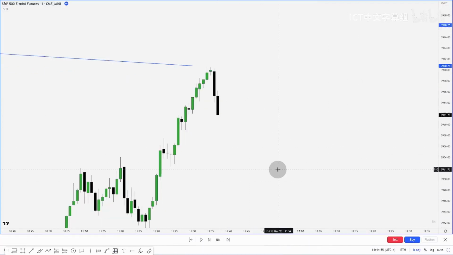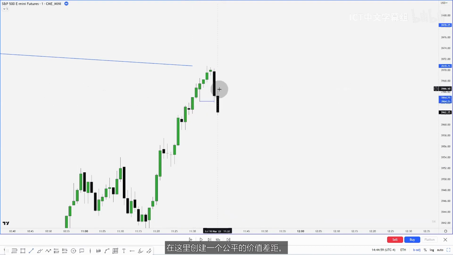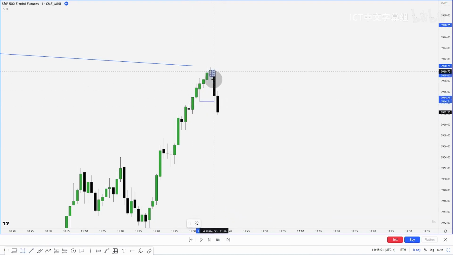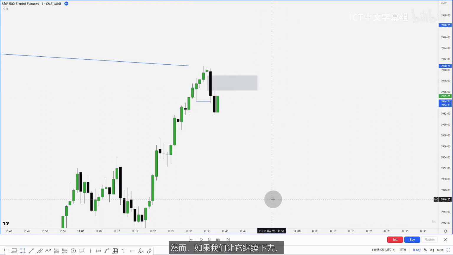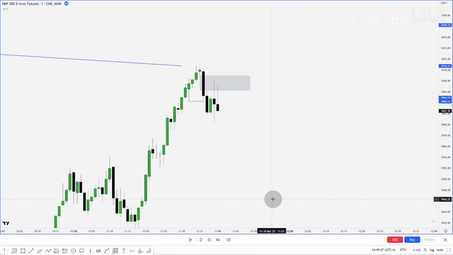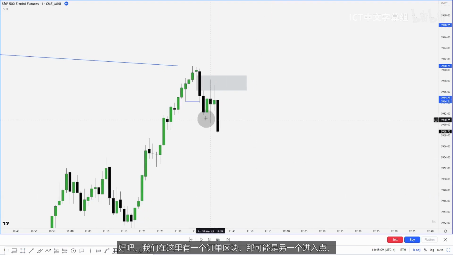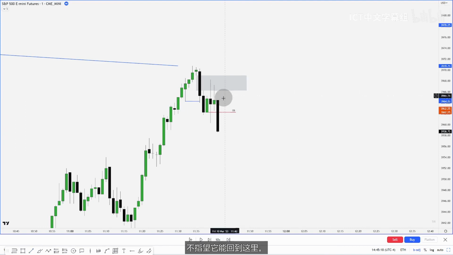So letting this play out, we break structure here and create a fair value gap here. This would be a possible first entry. However, if we let it play out, what do we have? Well, we have an order block right here, and that could be another entry, not expecting it to reach back up into here.